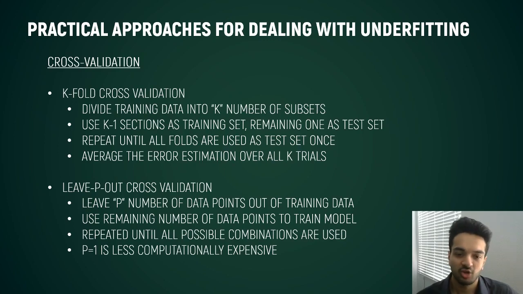So one computationally less expensive way of doing this is by selecting p as 1. This is called leave-one-out cross-validation. So out of 1,000 data points, you'd select one data point as a test set, and you'd repeat this 1,000 times to get through every single data point as a test set.